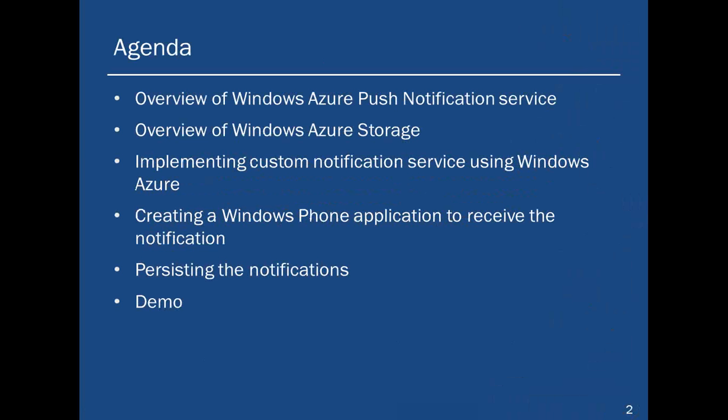We are going to understand what is push notification, and when we need it, more specifically with Windows Phone. We shall see the different frameworks that help send notifications, and then I'm going to deep dive into that specific area for today's session, which is push notifications in Windows Phone. And yes, Azure plays a big role in it.